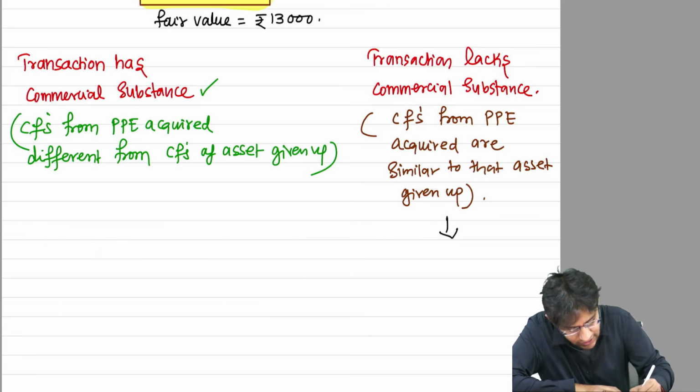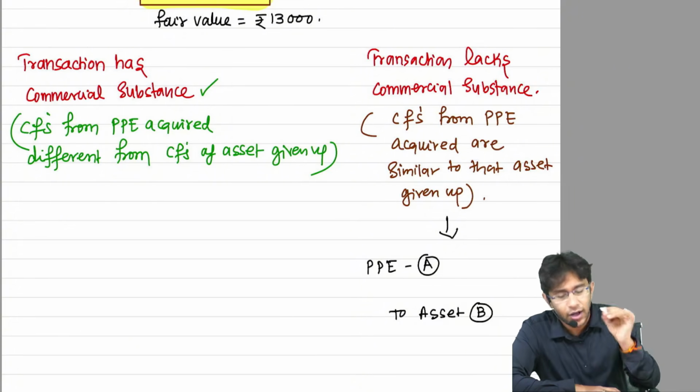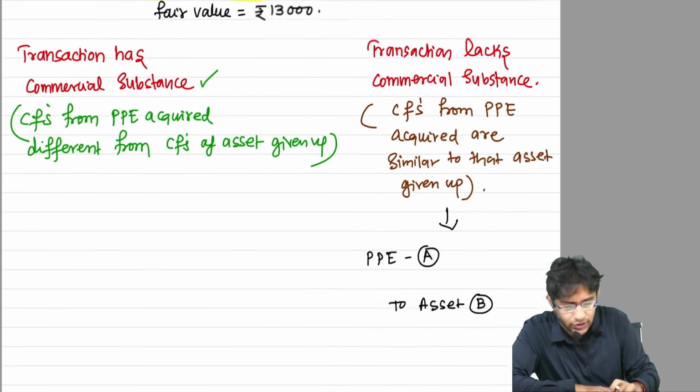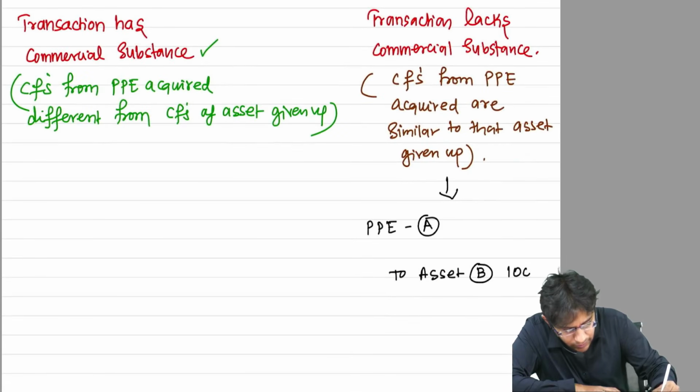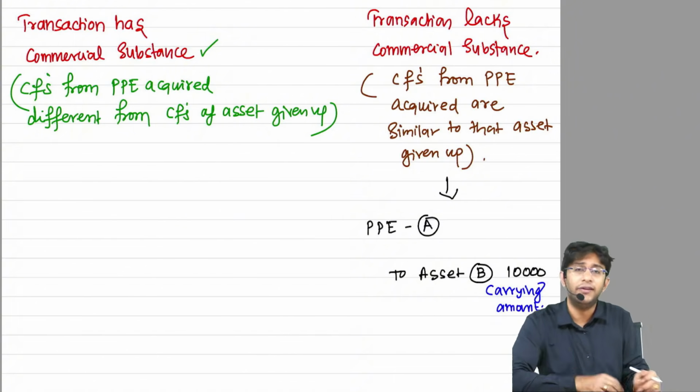So what the standard says, first write the basic entry. PPE A you have acquired, to asset B. Asset B is already appearing in my books at what value? 10,000. Now that B is going away, definitely B must be cancelled with 10,000. Here I don't have a choice. For this you don't need AS 10. PPE A, what the standard says is, anyway there is no change in future cash flows.